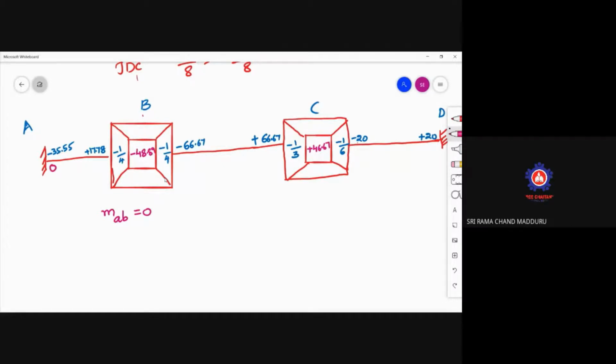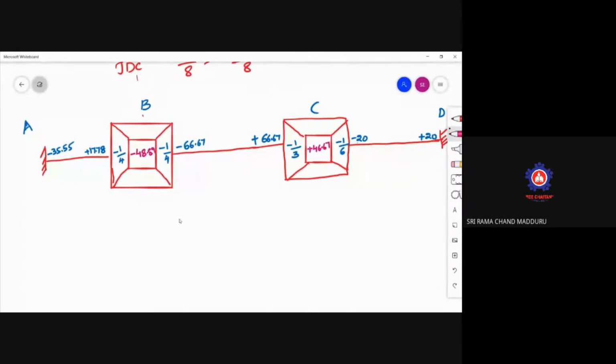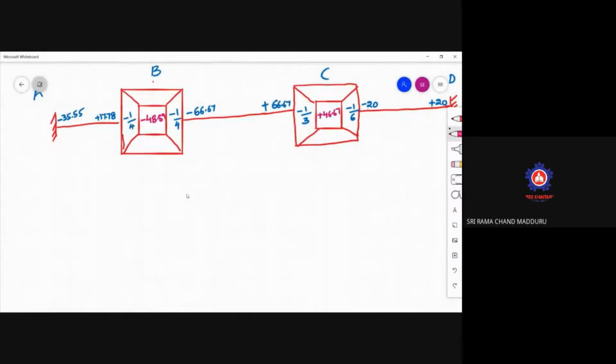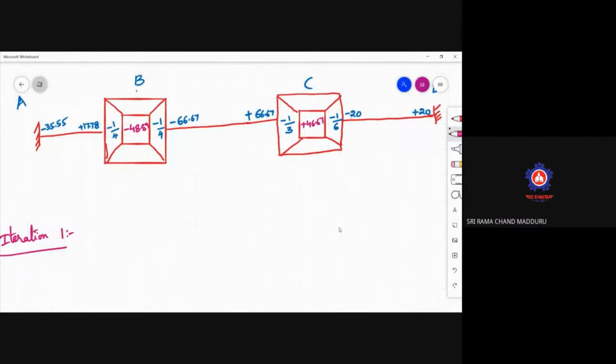Now you can give a space so that the values do not get confused, like iteration 1. In this iteration 1, MAB is equal to 0.